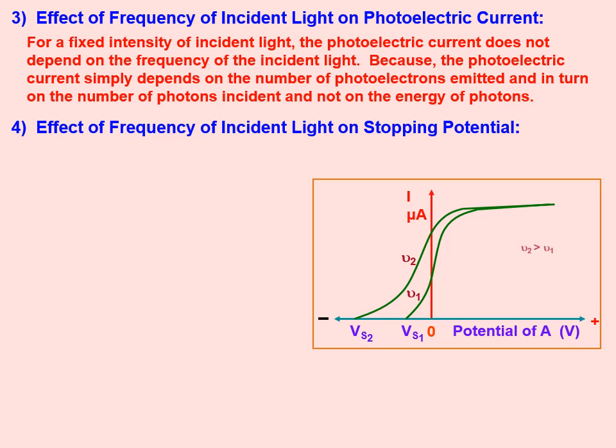So you can see this plot for two different frequencies, nu1 and nu2, and frequency nu2 is greater than nu1. From this plot it is clear that for both the frequencies the saturation current is the same, but the stopping potential is different. For smaller frequency the stopping potential is less, for higher frequency the stopping potential is higher.